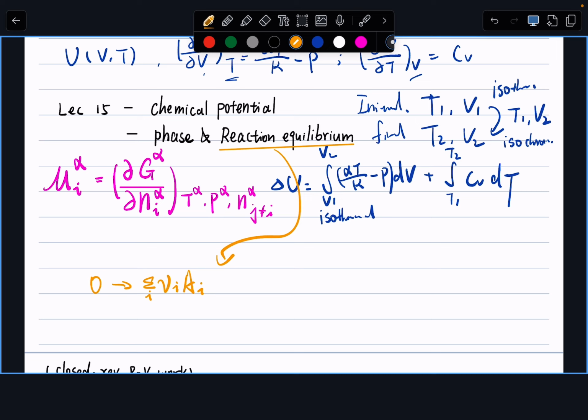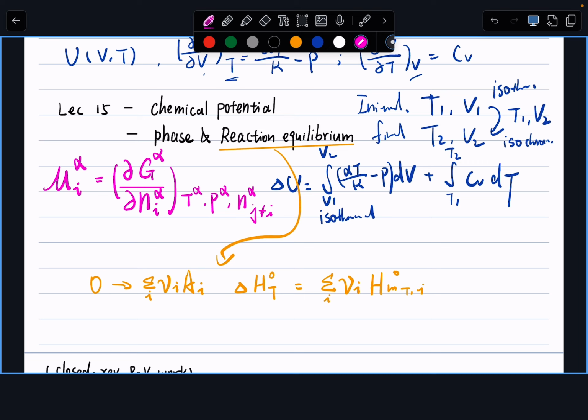We also went over that the delta H naught of the reaction equals the sum of the stoichiometric coefficients times the molar enthalpy of each species involved in that reaction.